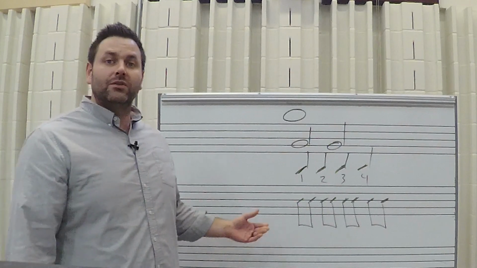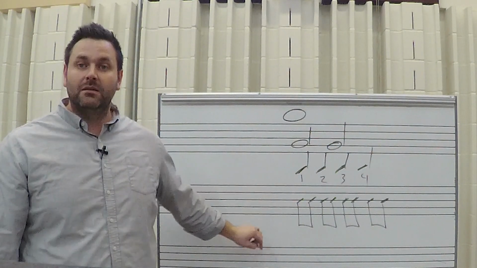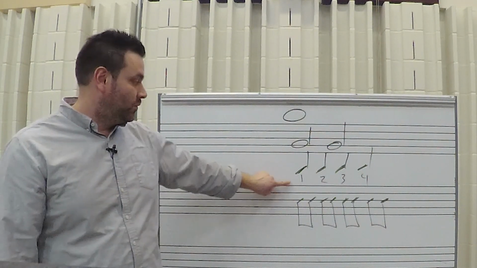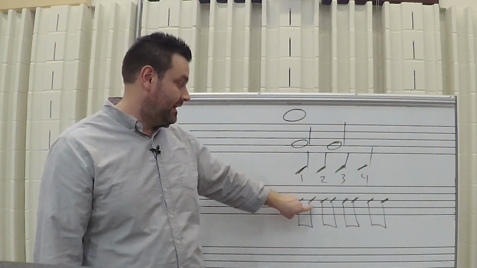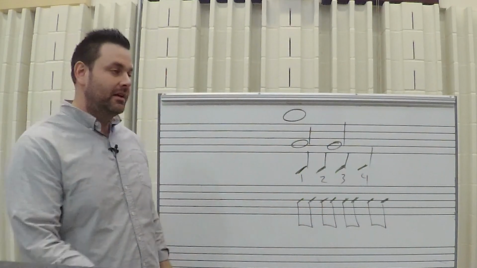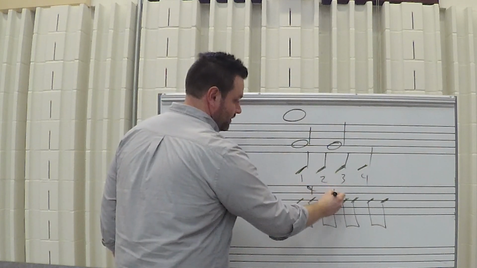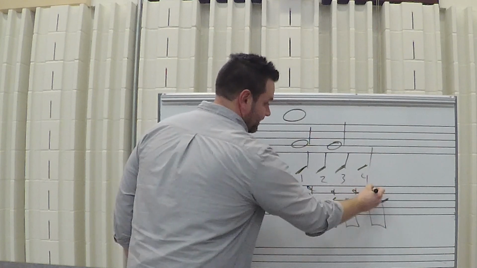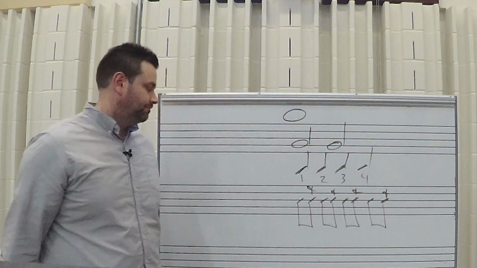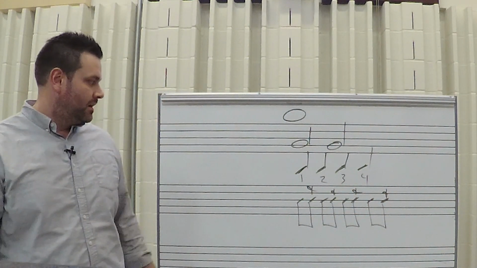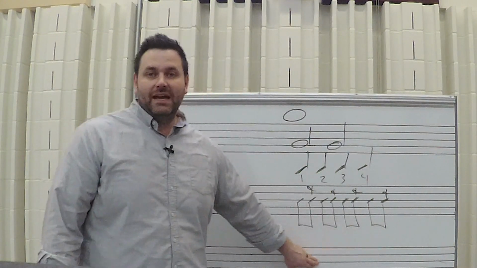Now the way that we count the beats in between 1, 2, 3, and 4, since we're dividing each beat in half, is we just say "and" in the middle: 1 and, 2 and, 3 and, 4 and. So this would be 4 beats of 8th notes.